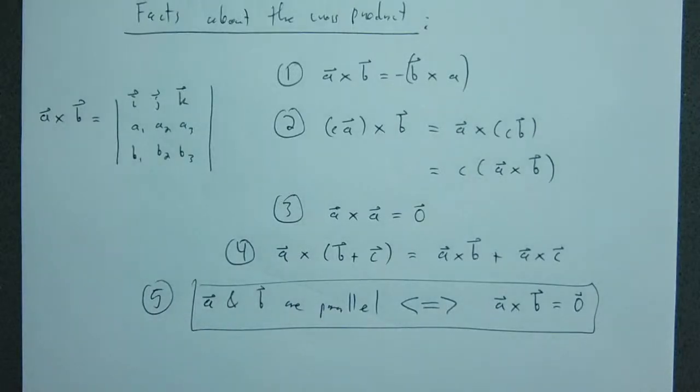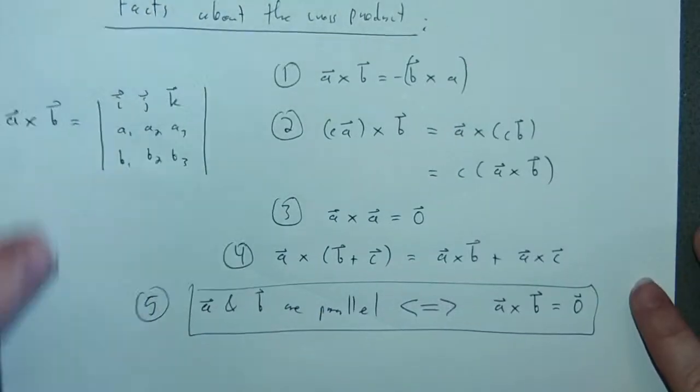Every vector is a scalar multiple of itself. The scalar in question is just 1, right? Okay. All right. And so this is a nice fact, but of course, as I said last time, you should never use this to check that two vectors are parallel. It's much easier to just look at the vectors and see whether or not they're scalar multiples of each other. Okay, so here's some algebraic facts about the cross product.